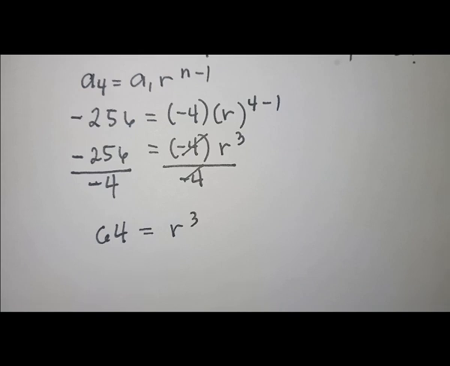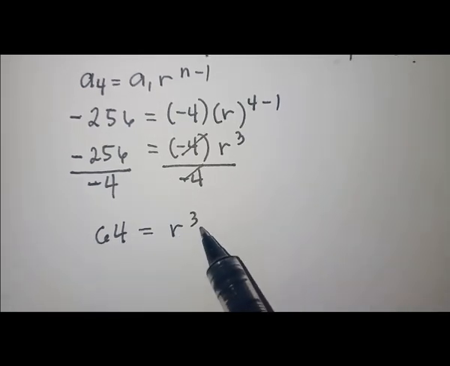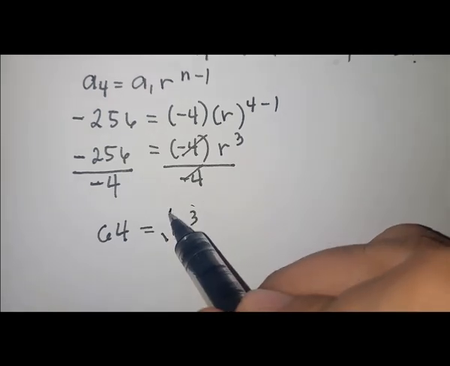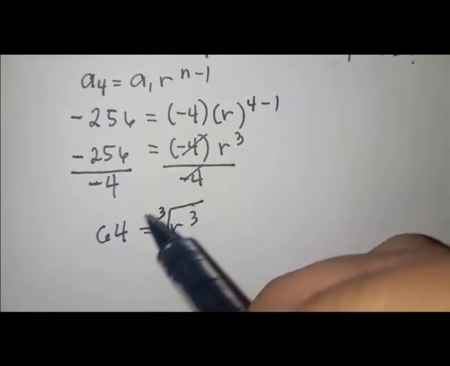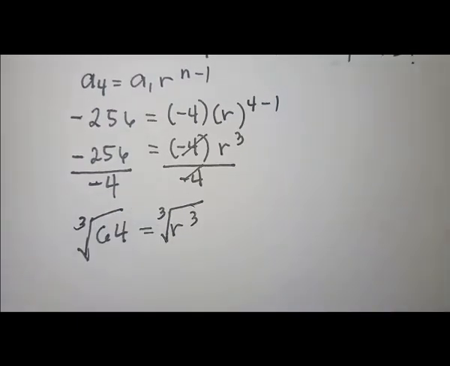Ngayon, sabi ko nga kanina, ang kailangan lang natin yung value ng r. So, para matanggal yung cube, kunin natin yung cube root both sides. Sabi ko nga kanina, kung hindi natin kabisado yung cubing property, kung may calculator, you can use your calculator. Pero I suggest, makabisado nyo sana.